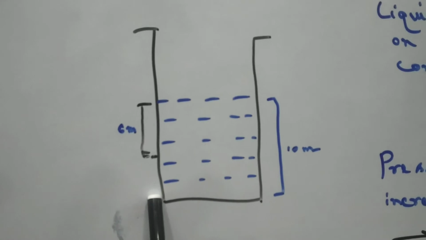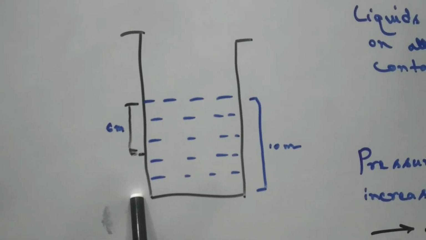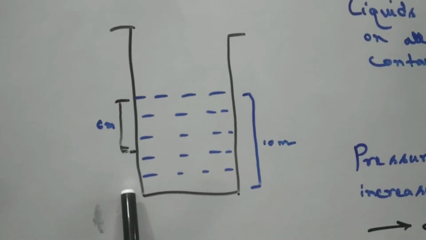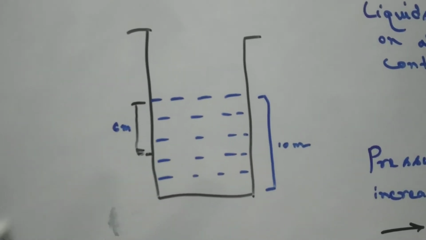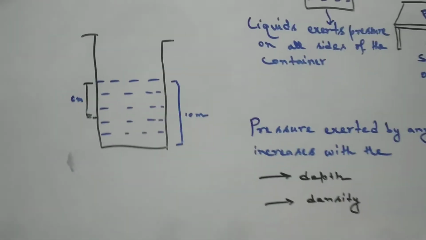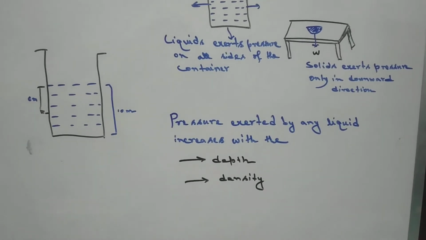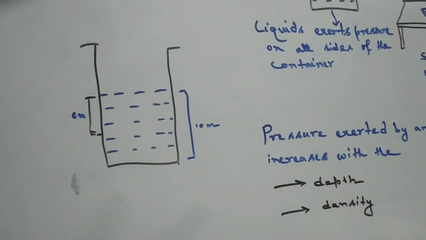That means this point is at more depth. So pressure at this point will be more than that of this point. So pressure exerted by any liquid increases with the depth, and the second is density.